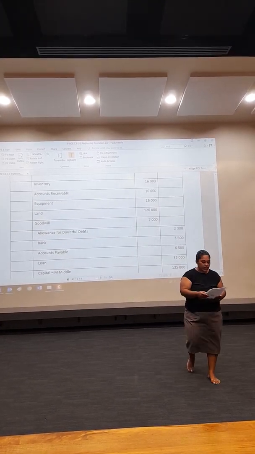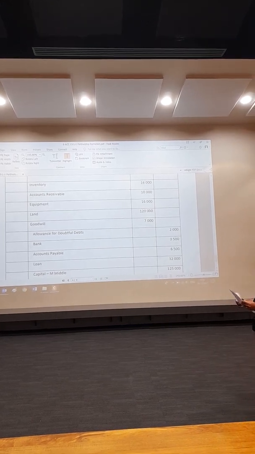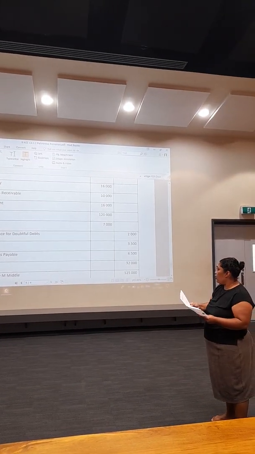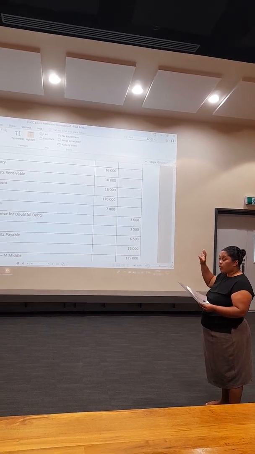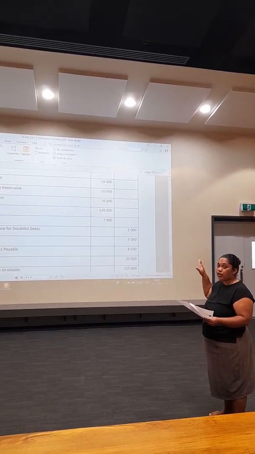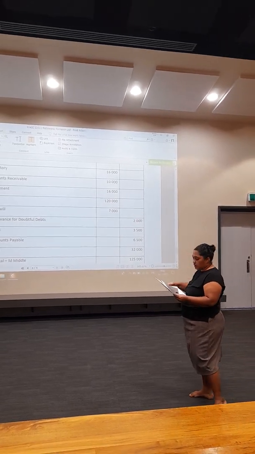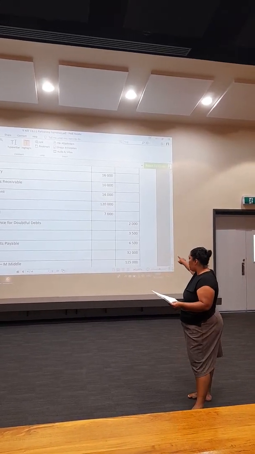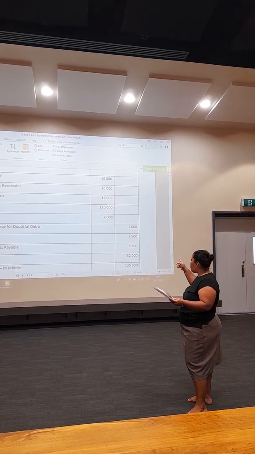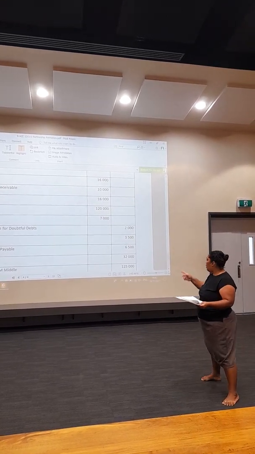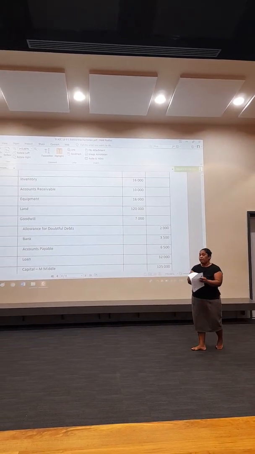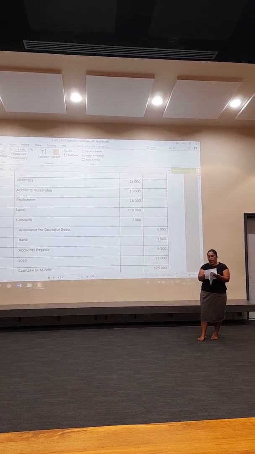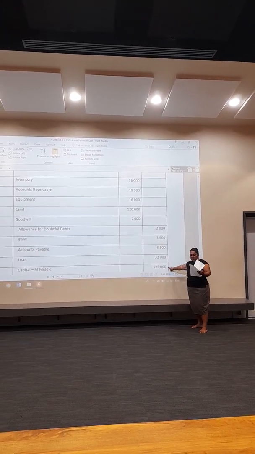What else is he bringing? Equipment. They've said the equipment is revalued to 16,000. Remember, these are the new, revalued values. Land, 120,000. Goodwill, but we leave it blank. We don't write that yet. We've got doubtful debts. He is bringing a bank overdraft of 3,500, accounts payable of 6,500, and a loan of 32,000. And then, as per number 3, the agreed value for Middle's business is 125.